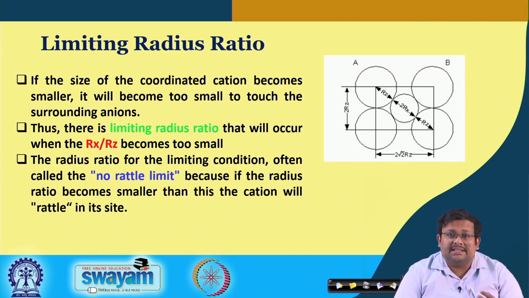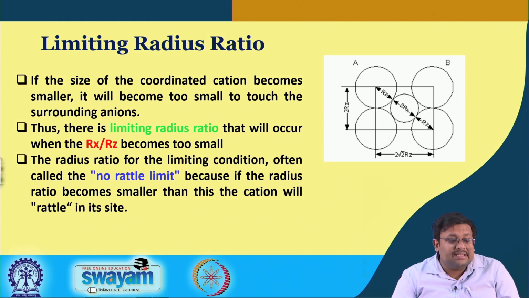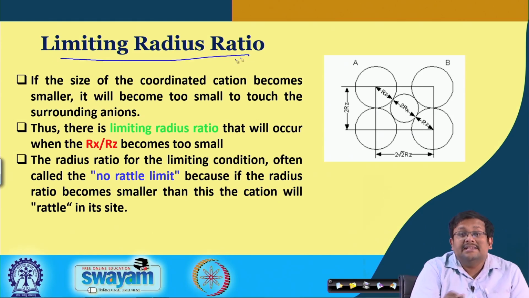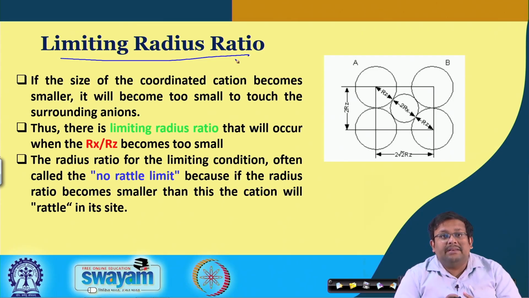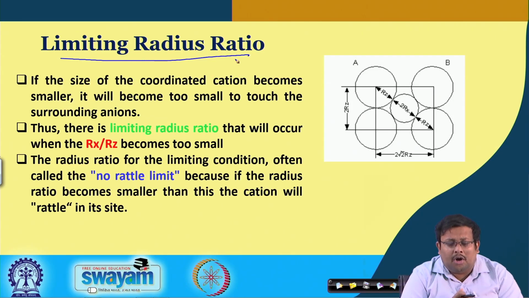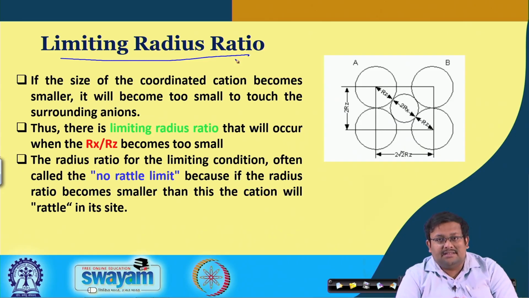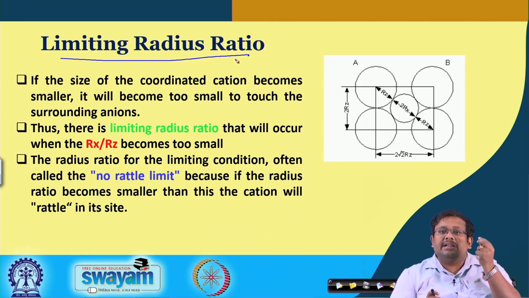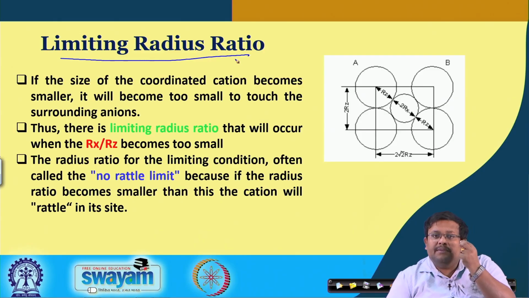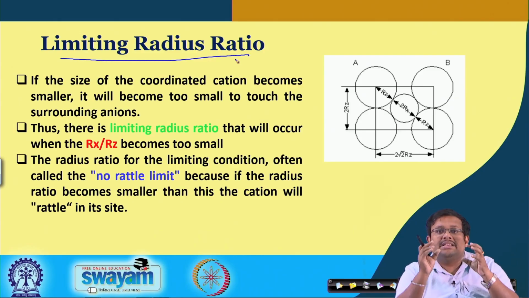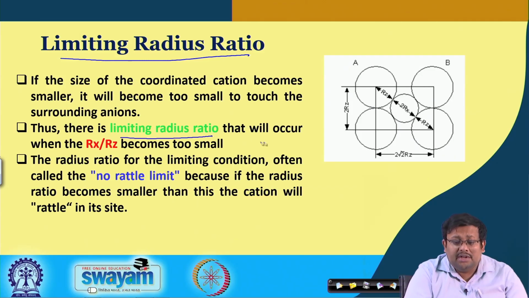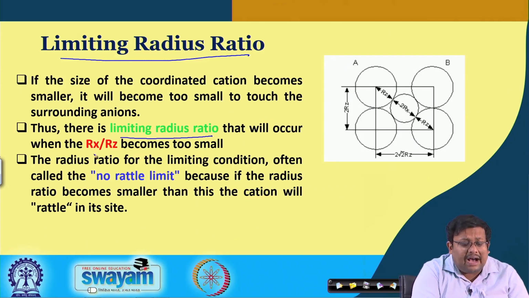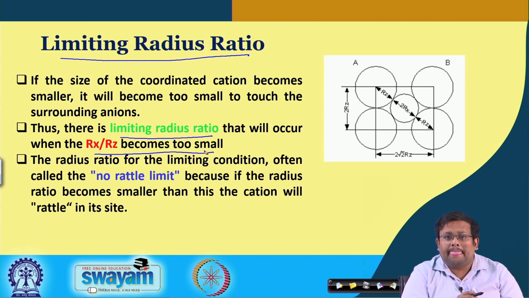Now, while we are discussing this, another important aspect is called the limiting radius ratio. If the size of the coordinated cation becomes smaller, it will become too small to touch the surrounding anions, which are larger in size. So, there is a term called limiting radius ratio that occurs when Rx by Rz becomes too small.